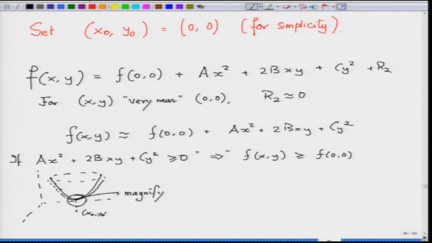So, when x y is very near x naught y naught, in this zone, the graph of the function a x square plus 2b x y plus c y square almost coincides with the function value, and at 0 0 it coincides with f 0 0, because if you take this part and put x equal to 0 and y equal to 0, it matches the function value.